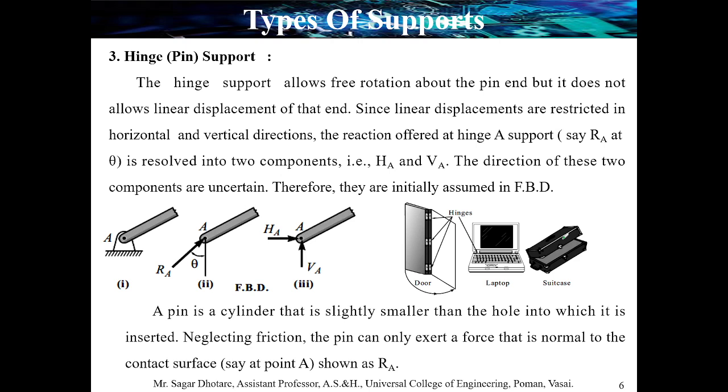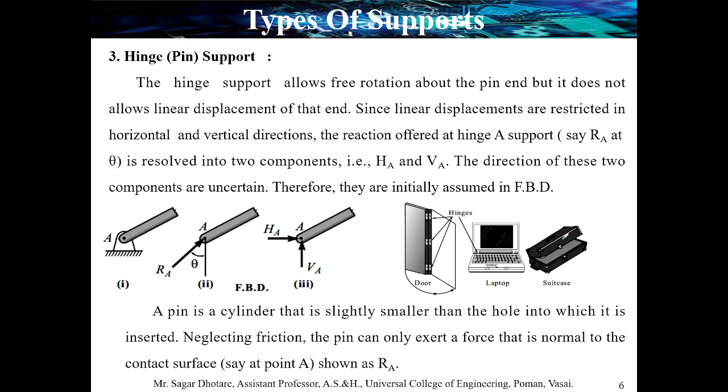Another example: if you observe the cylinder block of any IC engine, there is a pin in the cylinder which is slightly smaller than the hole into which it is inserted, and whatever force acts over that cylinder can be transferred with the help of this pin to the piston, from connecting rod to pin to piston.